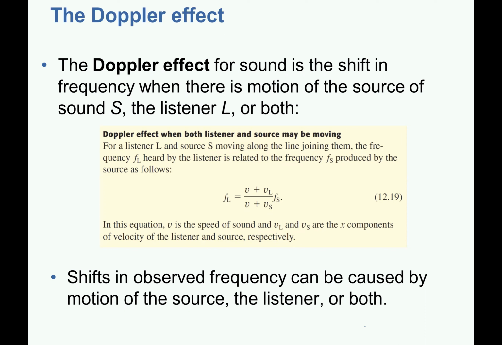But in reality, nothing changes about the frequency of the siren itself, but it appears to be changing for an observer who's standing on the street with the ambulance moving toward or away. And this effect is known as the Doppler effect. The Doppler effect for sound is the shift in frequency when there is a motion of the source of sound S or the listener L, or both, because you can also be moving toward the siren.